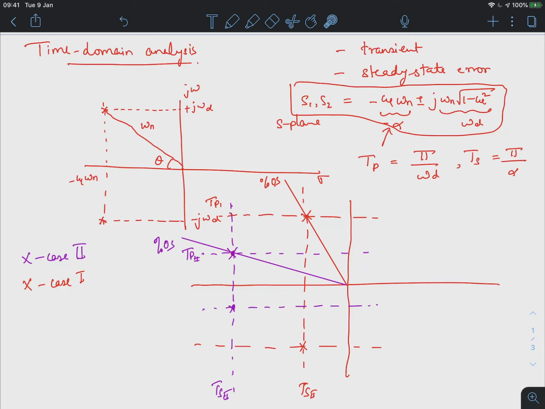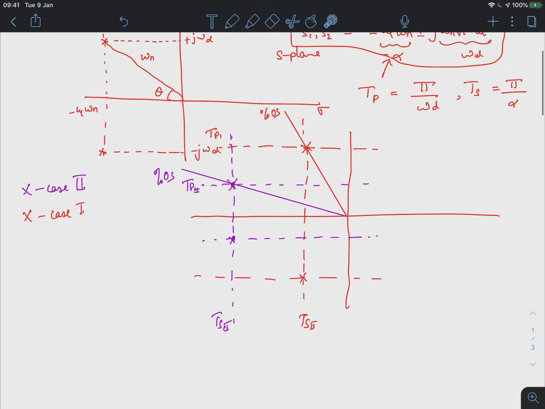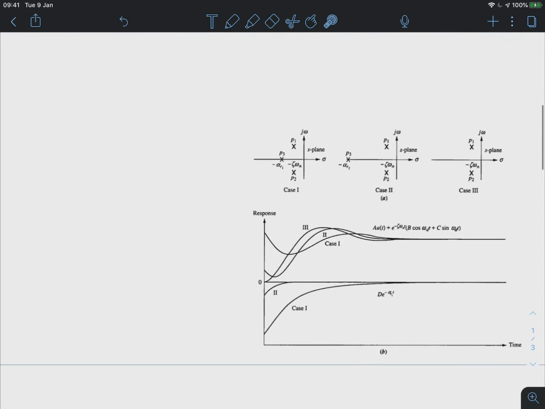Now the question arises, if we have additional poles. So to introduce the concept of the additional pole, let's consider the scenario.